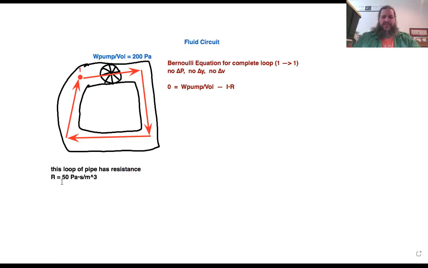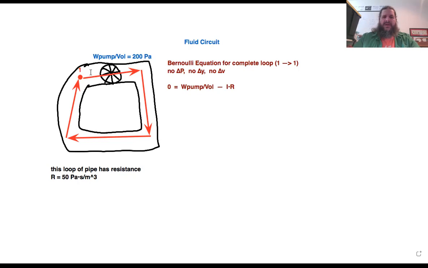So let's say that's the resistance. We happen to know the resistance is 50 Pascal seconds per cubic meter. Maybe we know that this type of pipe has a resistance of 10 per meter, and we know that it's 5 meters long. So you can calculate the resistance if you know the type of pipe and how long the pipe is.